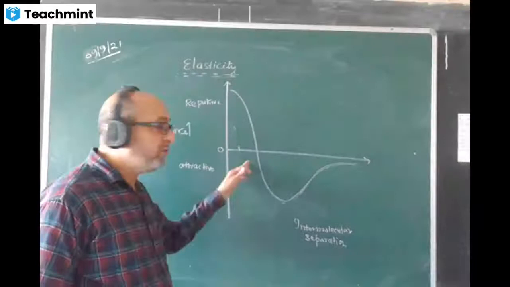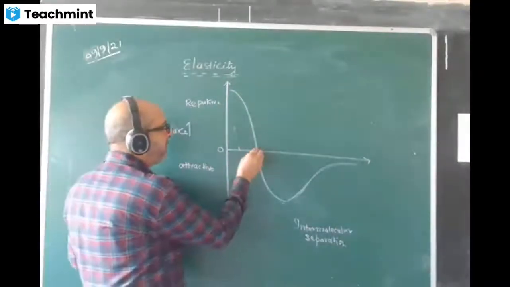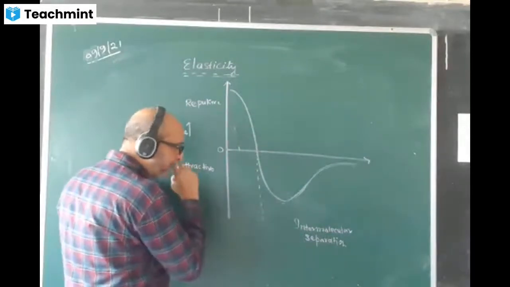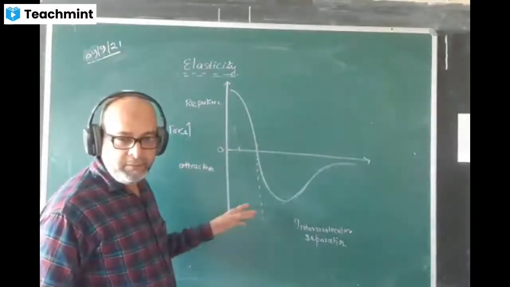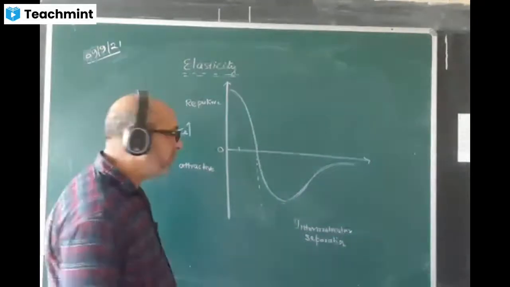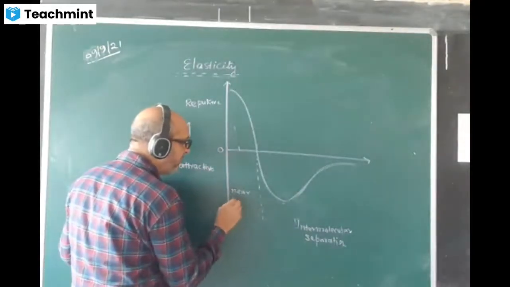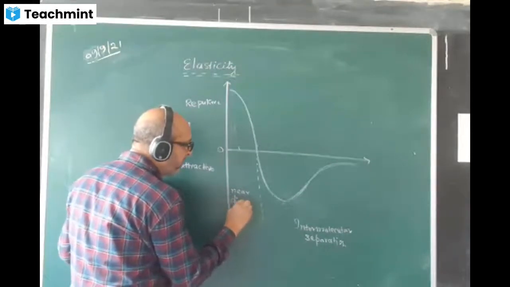So the graph is drawn like this. Here you can write, this is the point. This one you will be writing here: near distance, close distance.